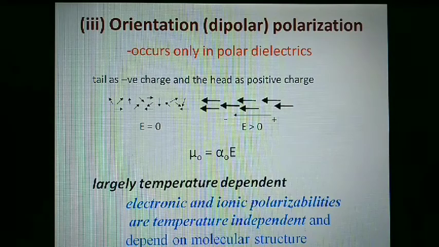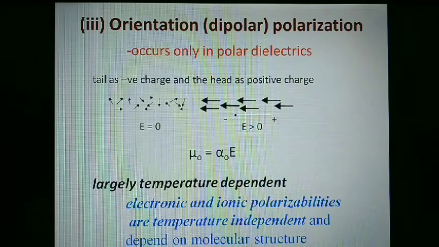Electronic and ionic polarizabilities are temperature independent, but they depend on molecular structure, but this orientation polarization depends largely on the temperature.